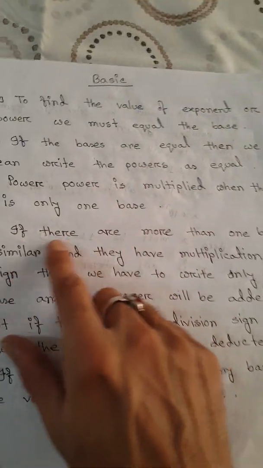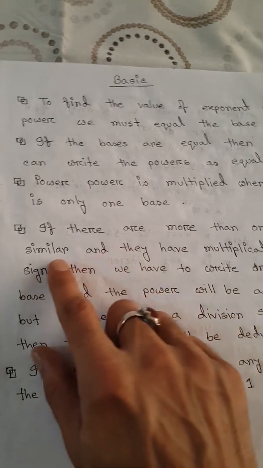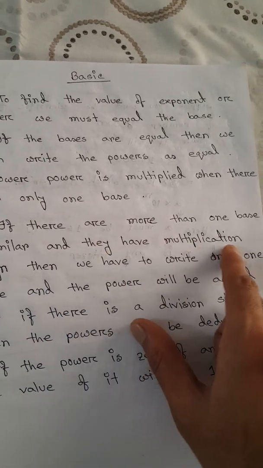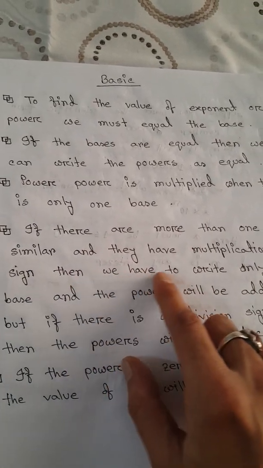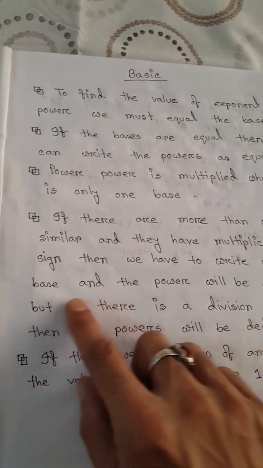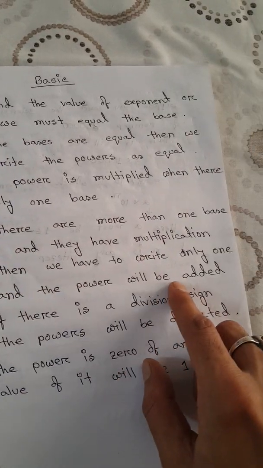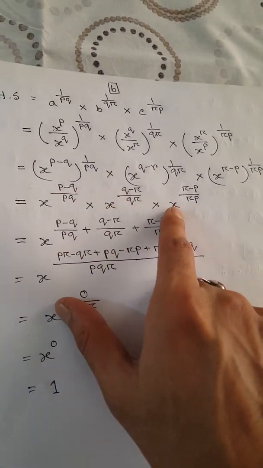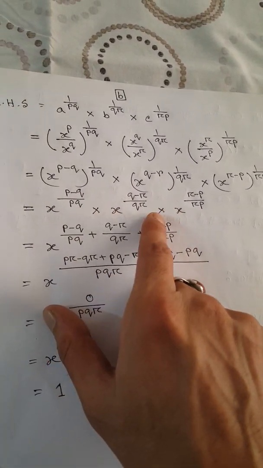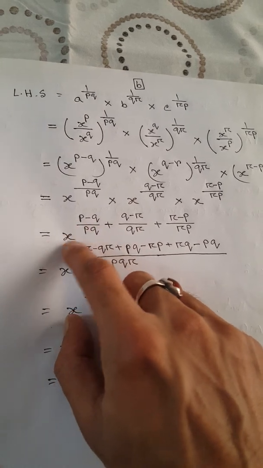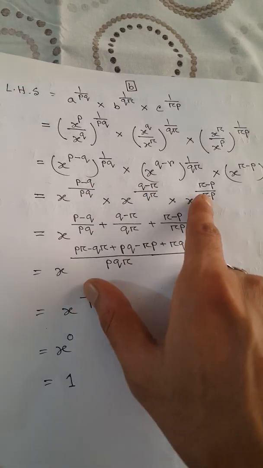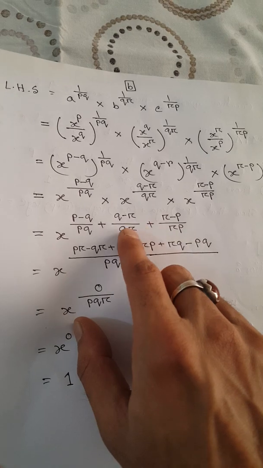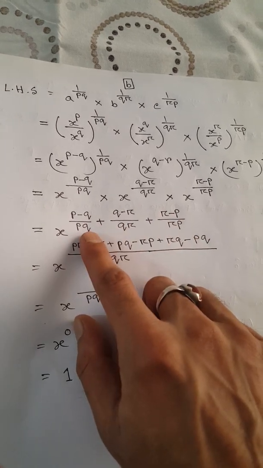So if there is more than one similar base and they have a multiplication sign, then we write only one base and the powers will be added. So these three bases with multiplication signs between them, we write one base and the powers will be added. This power and this power will be added.